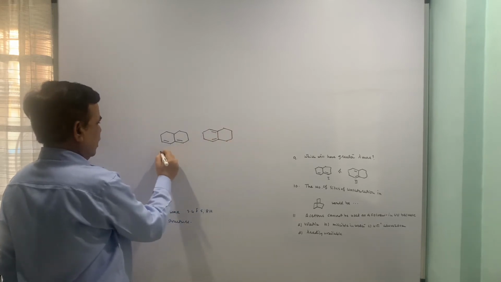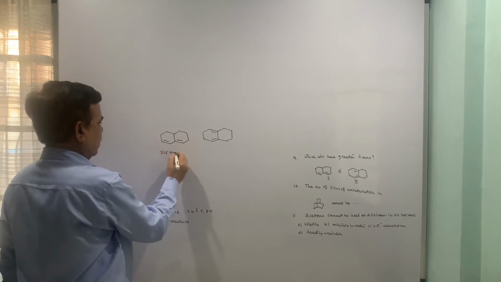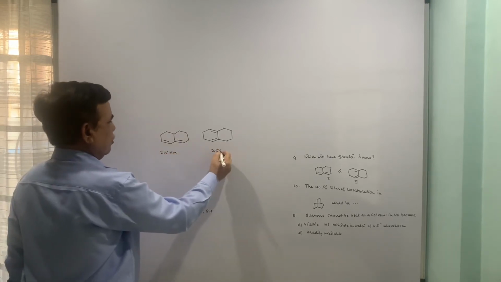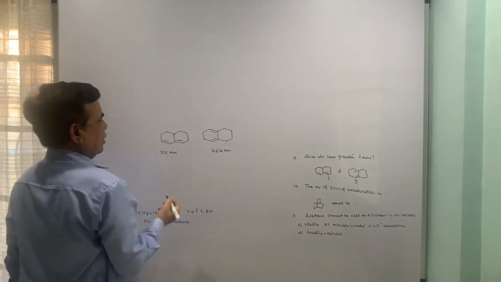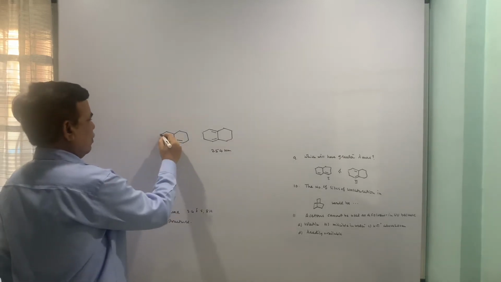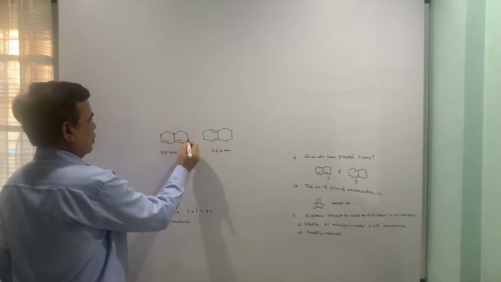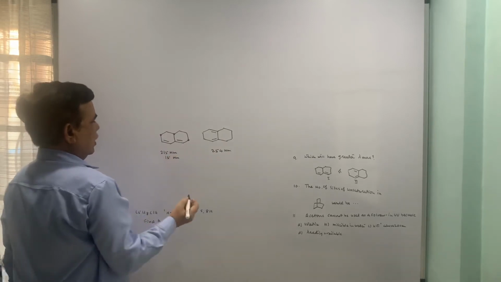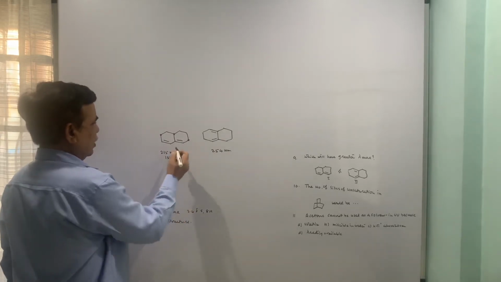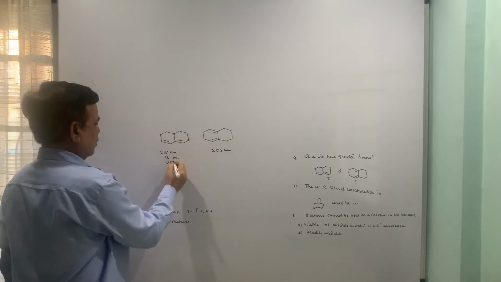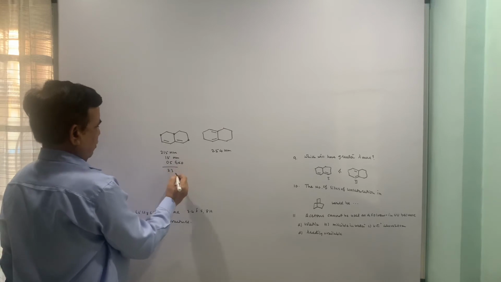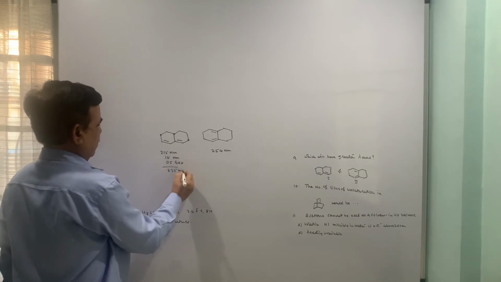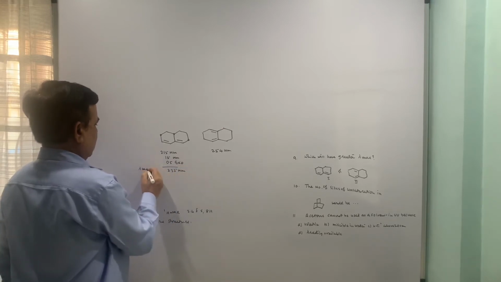This is a heteroannular diene, so 215 basic lambda max, homoannular 254, then 1, 2, 3 alkyl groups or ring residues and 1 exocyclic bond. So this becomes 235 nanometers. Lambda max calculated.